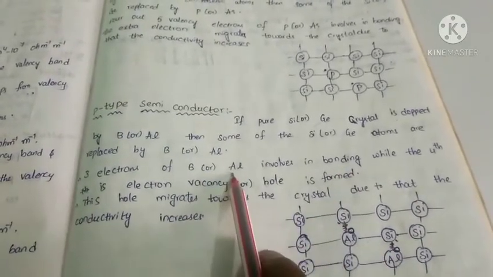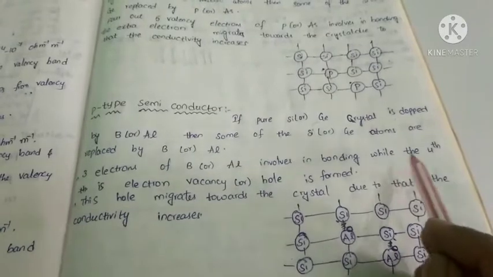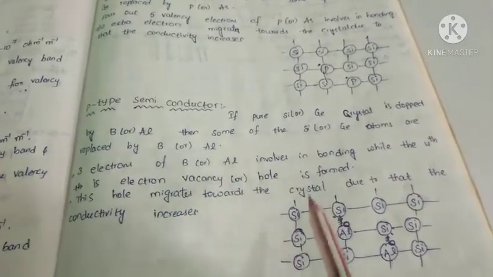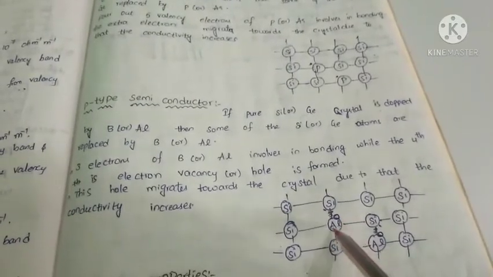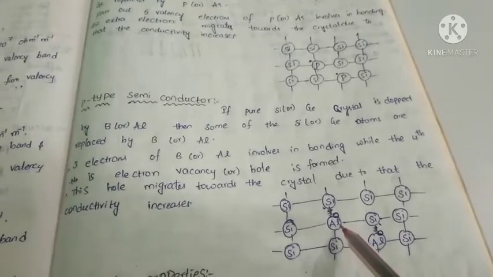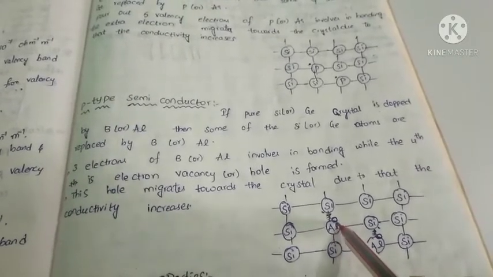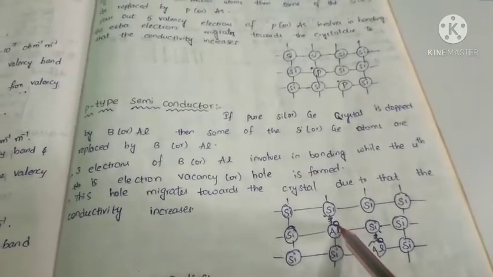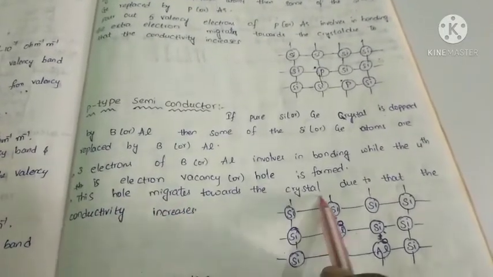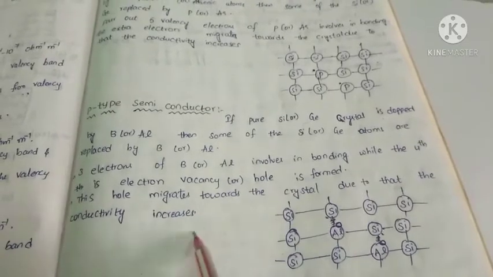Because it contains only 3 valence electrons, while at the 4th an electron vacancy or hole is formed. That means at aluminum 3 unpaired electrons are present. Those 3 unpaired electrons are involved in bonding. After that, an electron vacancy is formed. That is nothing but a hole. This hole migrates towards the crystal. Due to that, conductivity increases.